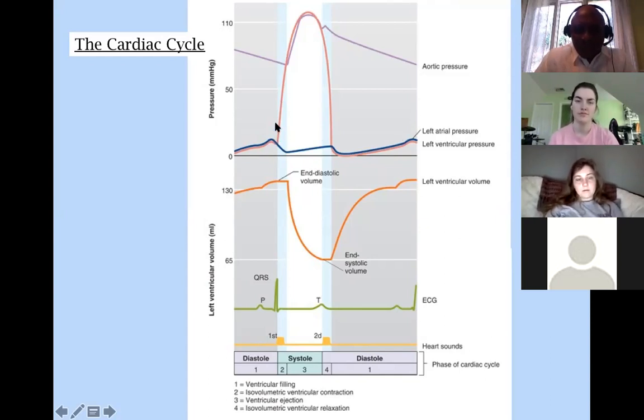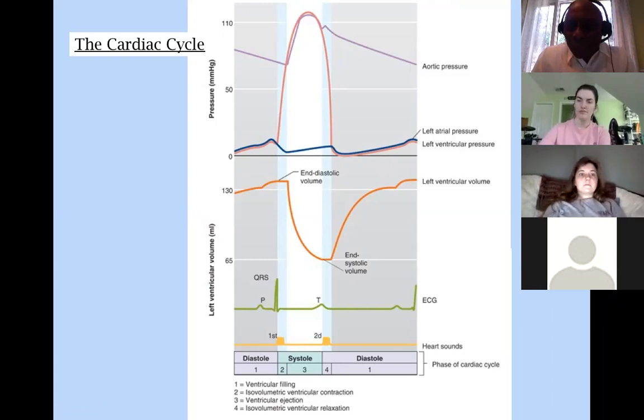And then this color is the pressure in the left ventricle. And then the purple one is the pressure in the aorta, in the artery. Now let's start with the left ventricle because we did talk about pressure in the left ventricle.